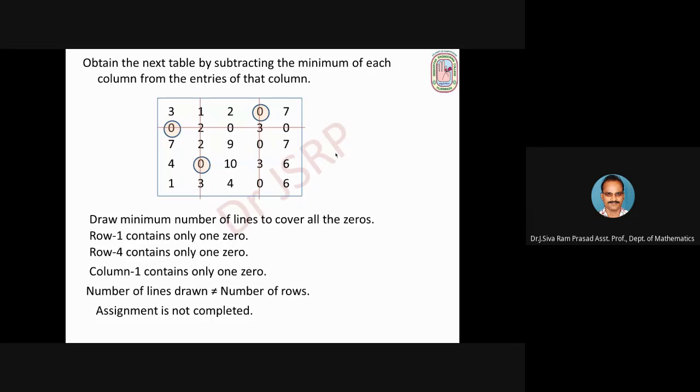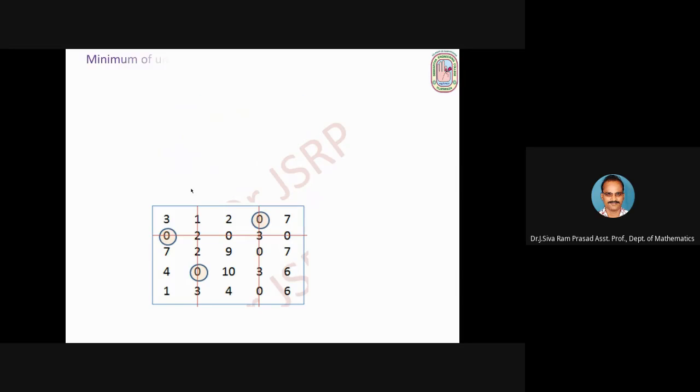So I have to improve the assignment. How do you improve the assignment? For that, we find possible assignments. Among the uncovered entries, identify the least value. What is the least value of the uncovered entries? 1. So the minimum of the uncovered entries is 1.